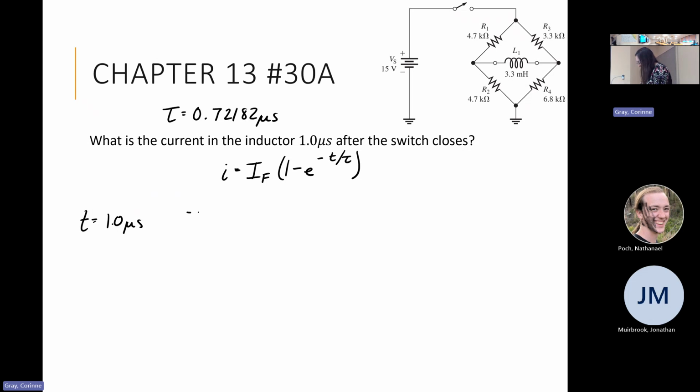Microseconds. Okay, we're just going to keep it in microseconds. So technically, we should use those extra sig figs. What's IF? I need that to find that instantaneous current value. So how would I solve for that?